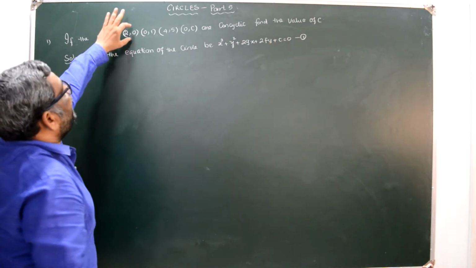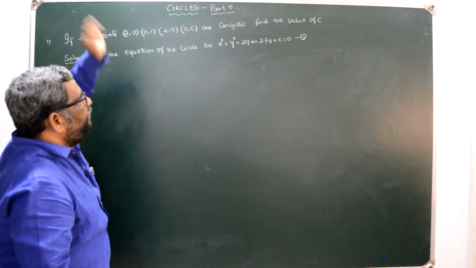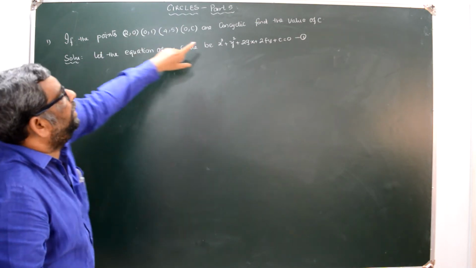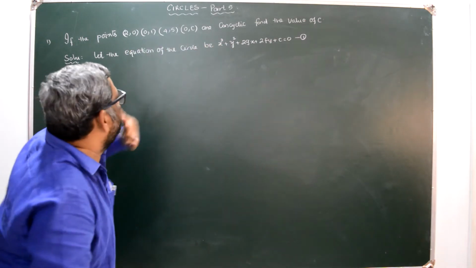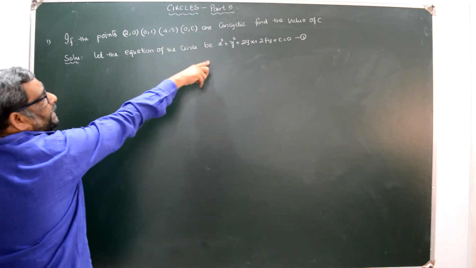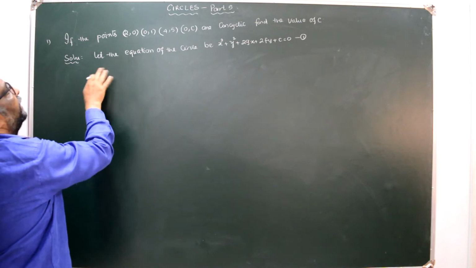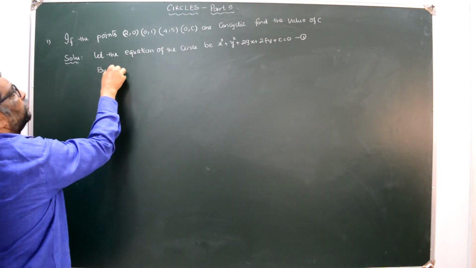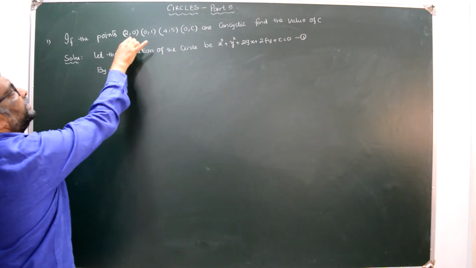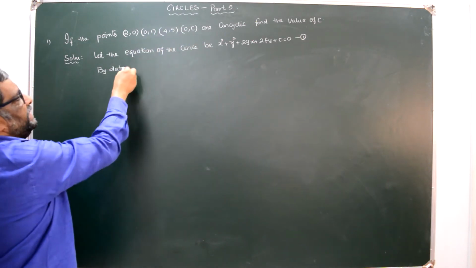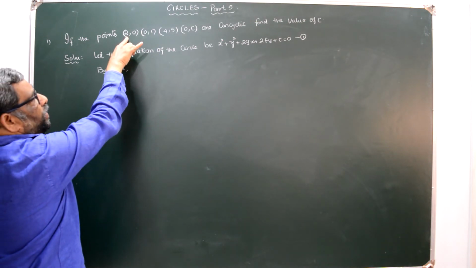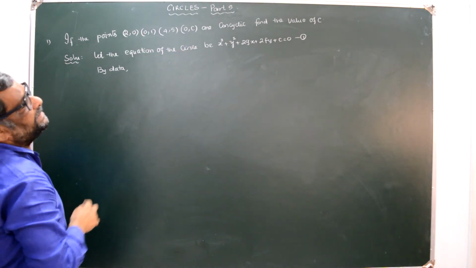Now we'll consider these 3 points and find the equation. I have supposed that the circle passing through these 3 points is this one. By data, these 4 points being concyclic, every point is on the circle. So I'll take this point and put it in the circle.